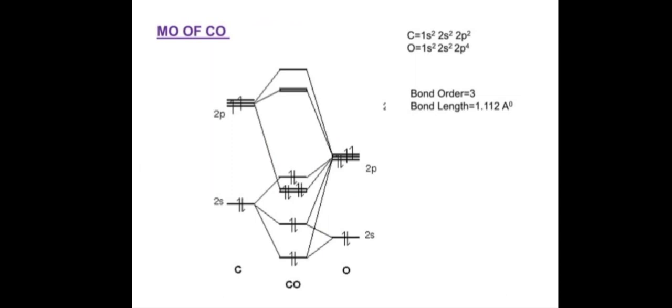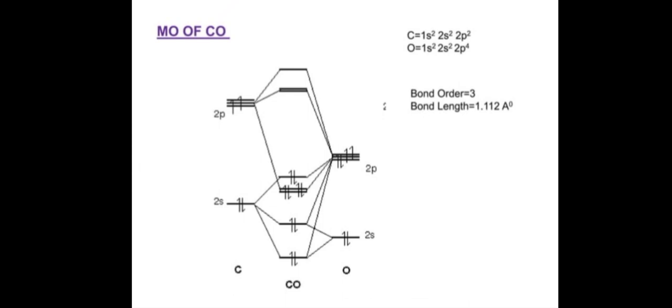Take the very important CO molecule, which has carbon and oxygen with atomic orbitals. Carbon's electronic configuration is 1s2, 2s2, 2p2. Oxygen's electronic configuration is 1s2, 2s2, 2p4. The 1s atomic orbital will combine with the 1s atomic orbital and give rise to the formation of two new molecular orbitals, sigma 1s2 and sigma star 1s2, completely filled with electrons.